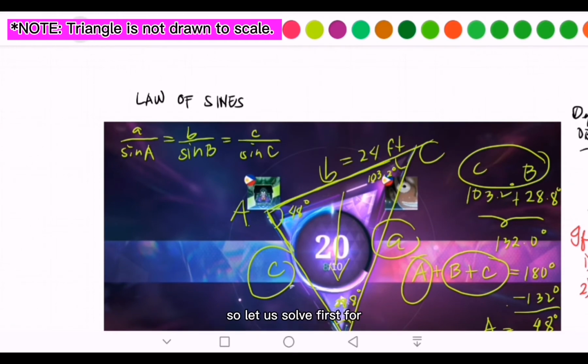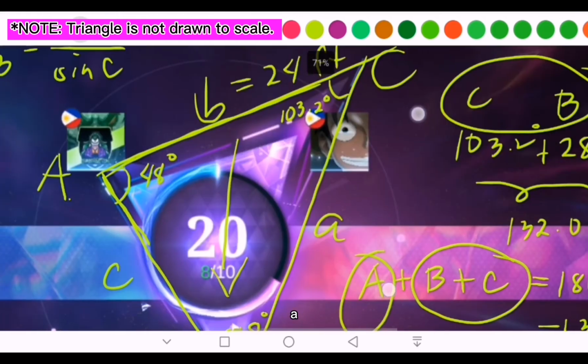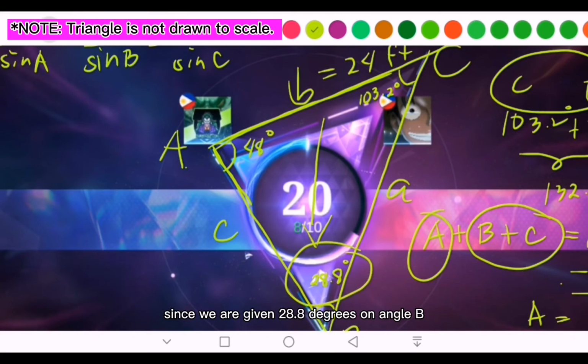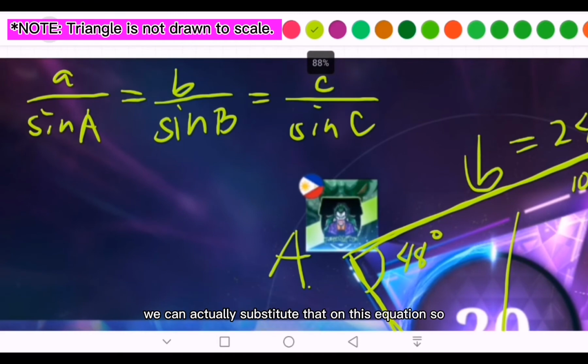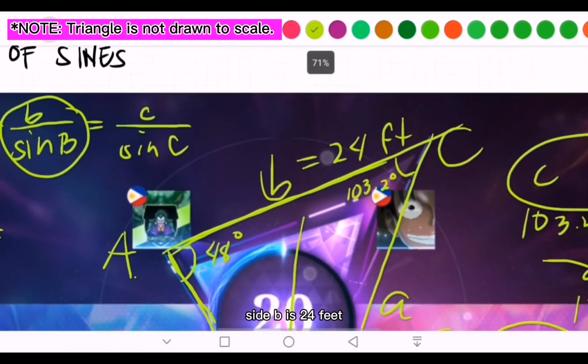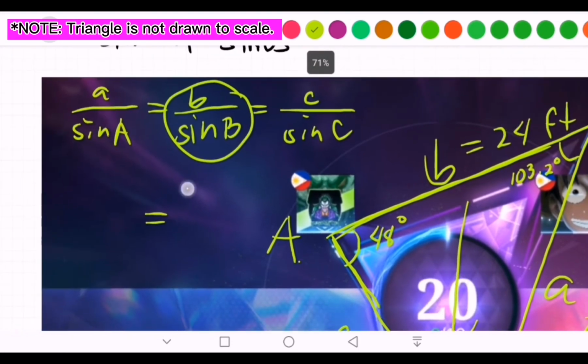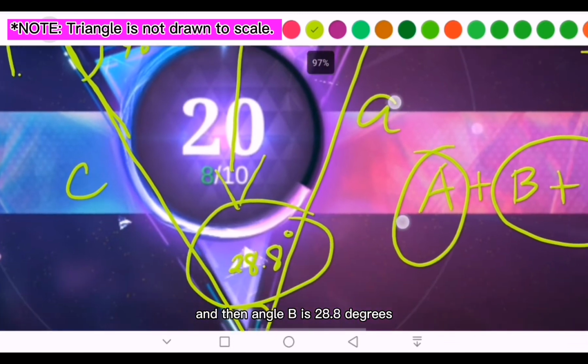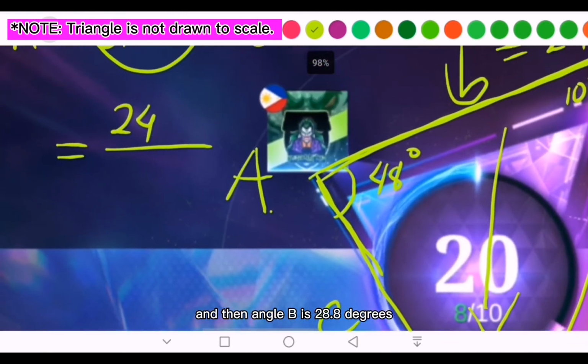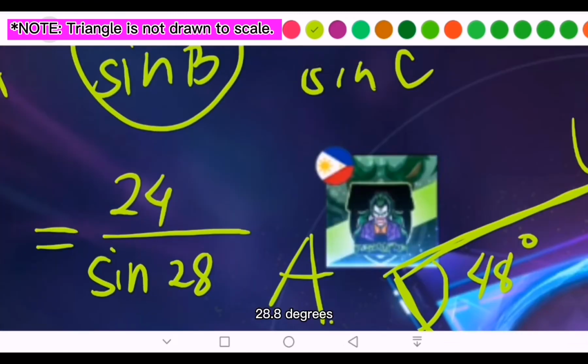So let us solve first for a. Since we are given 28.8 degrees for angle B, we can substitute that in this equation. Side b is 24 feet and angle B is 28.8 degrees, so that is 24 over sine 28.8 degrees.